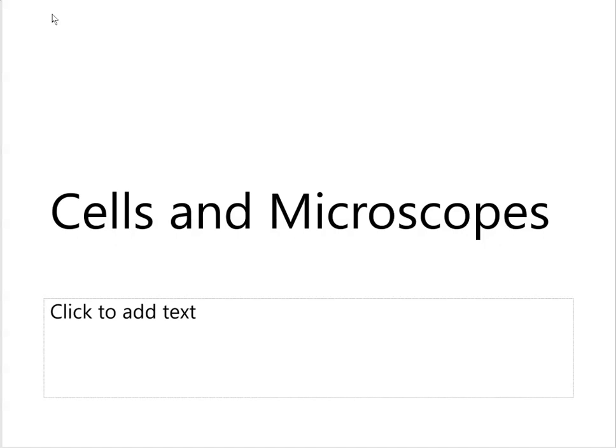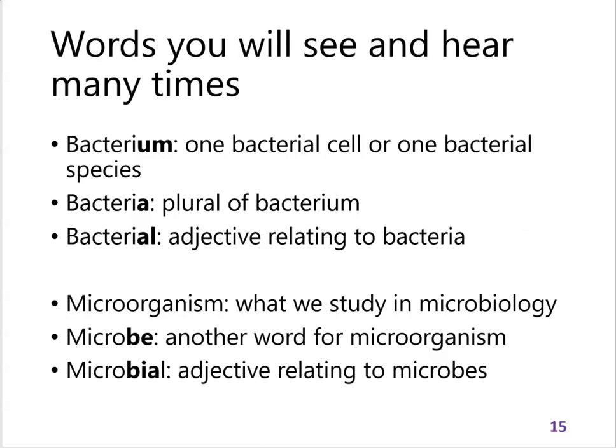And before that, we actually need to show you some words. These are words I will say all the time. I will talk about bacteria a lot. Bacteria is a plural word. It is the plural of bacterium. Bacterium is one bacterial cell or one bacterial species, and bacteria is the plural of that. So be careful with this, just like you're careful with anatomical terminology.